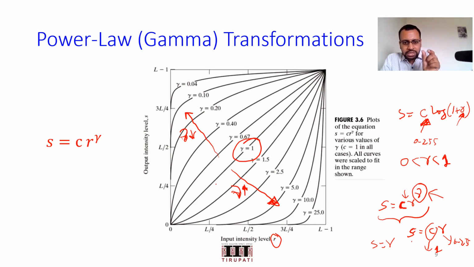Which part here should have a maximum mapping and to what range can it map? You are able to play with this. Since you have a power here, this is called a power law, or it is also referred to as gamma transformation. This is standard even in your monitors and screens, where you may have control over it, or if not, it is fixed to some value.